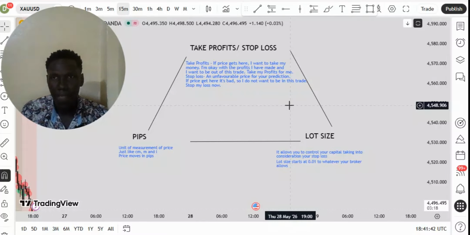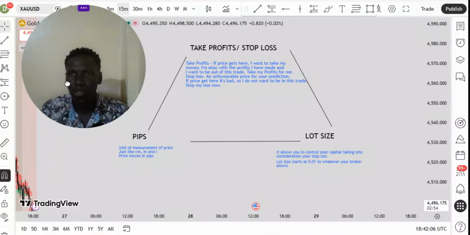So that's stop loss. And you have to know that you don't just set your take profit and stop loss levels based on your feelings. It has to be based on strategy, or else you are not trading, you are gambling.